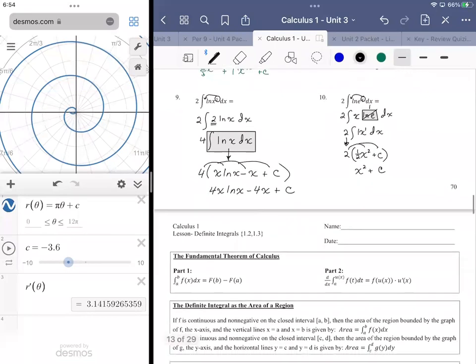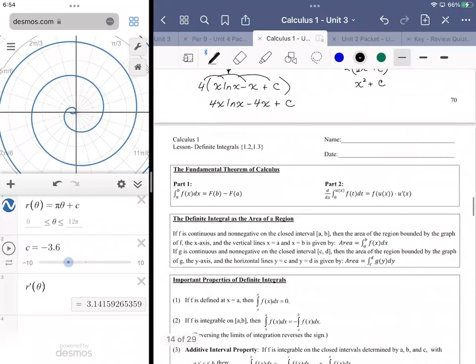Let's say you want to find the area under a curve. And let's say that that area is under the curve f of x equals x squared over the interval of 0 to 2.